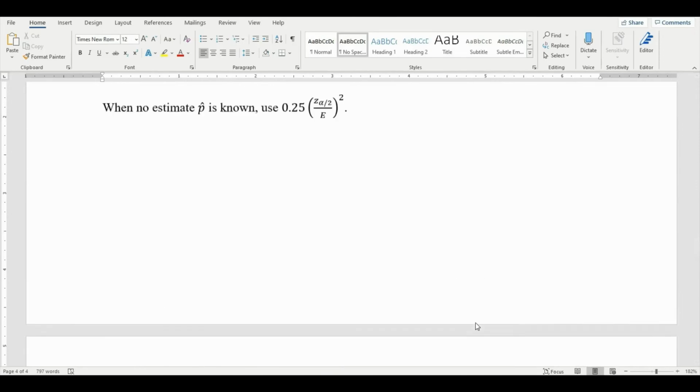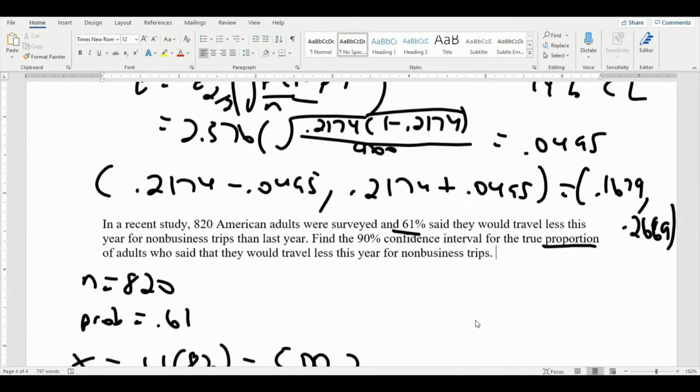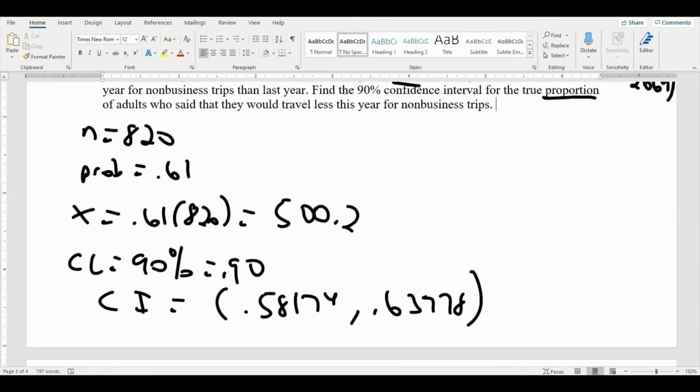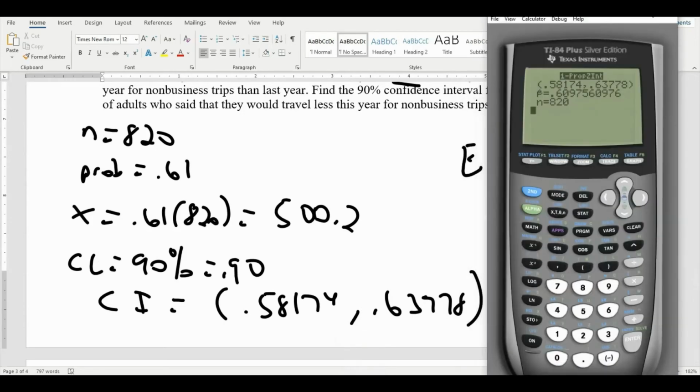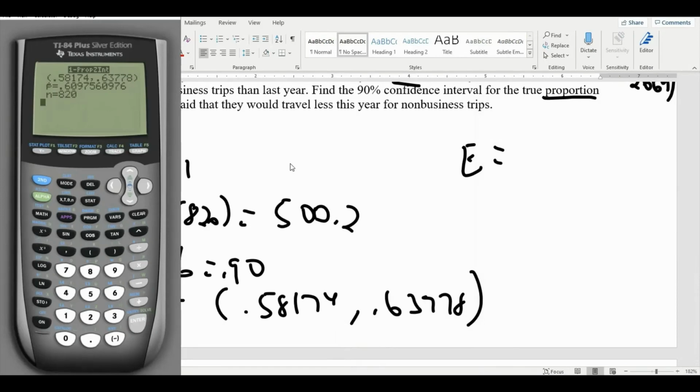The formula actually comes from the margin of error. And by the way, while I mentioned margin of error, if you wanted to find the margin of error, we could just do this. 0.58174. My bad.